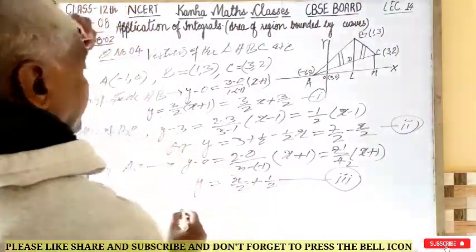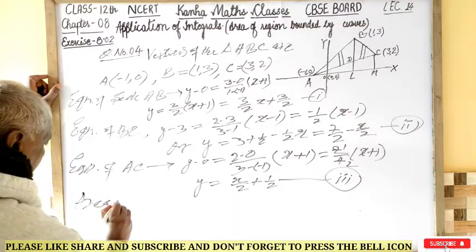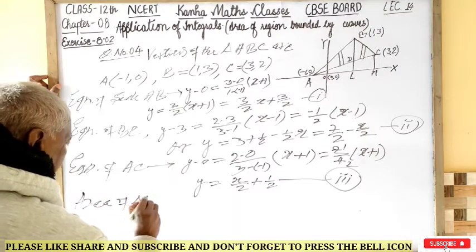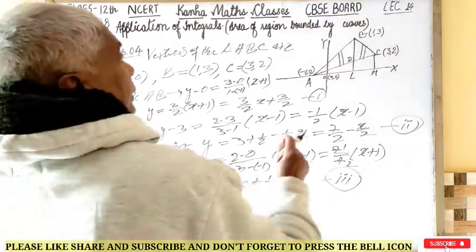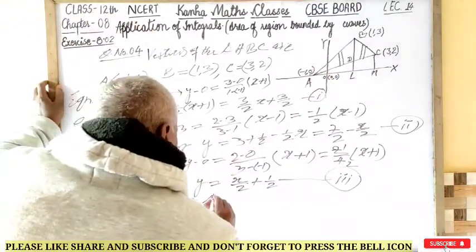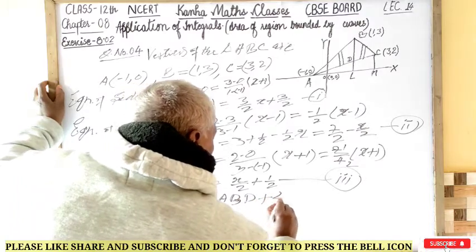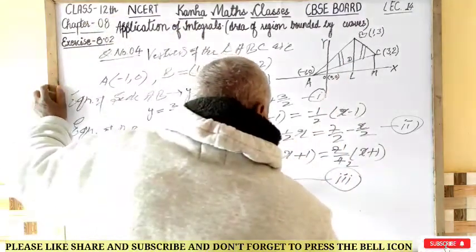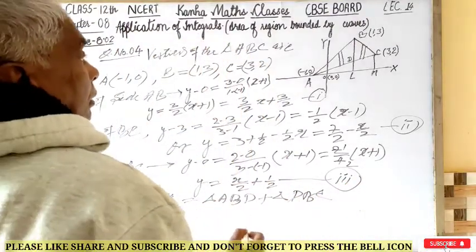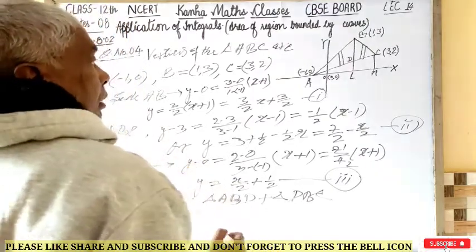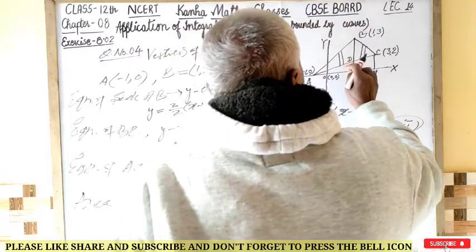Now the area of triangle ABC is equal to triangle ABD plus triangle DBC. For finding the area of ABD, we will use this strip.